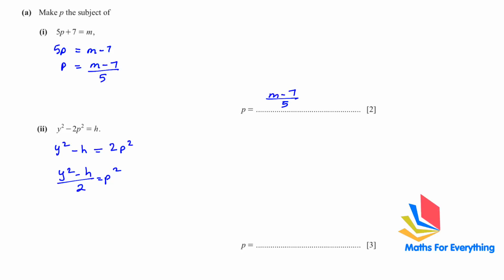So if you want to remove the square, you have to square root the opposite side. So square root of y squared minus h over 2 is equal to p. And we write the answer here: y squared minus h over 2, the whole thing in a square root. And one more thing, whenever we square root, we have to put a plus or a minus. So that's our answer.